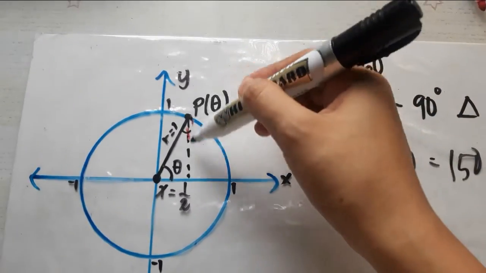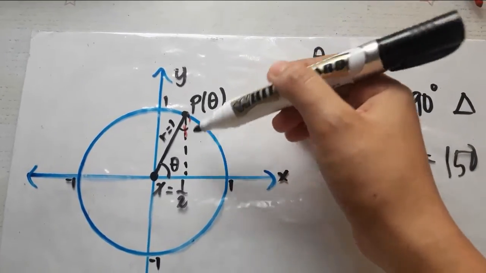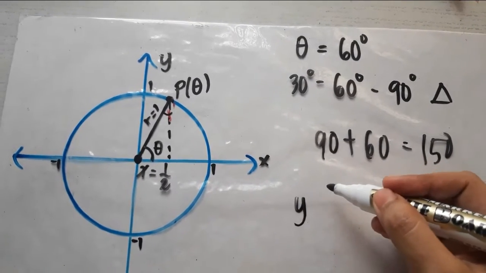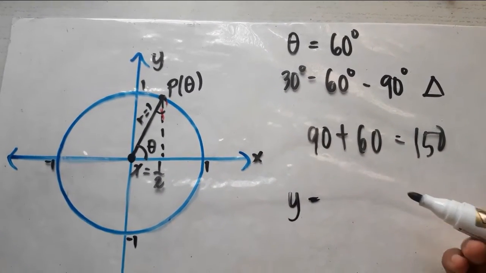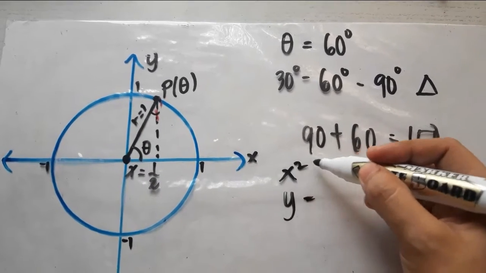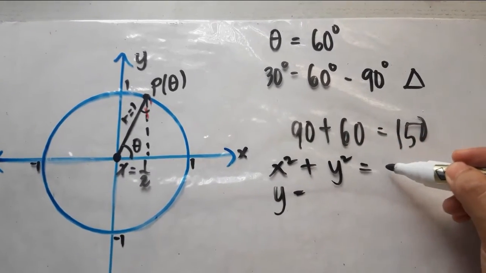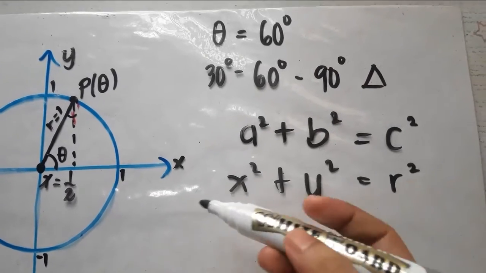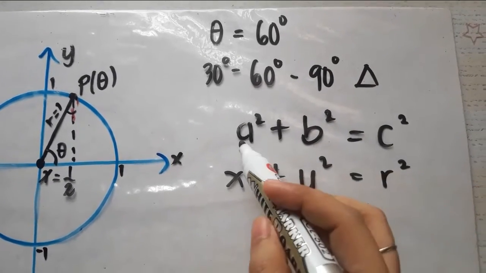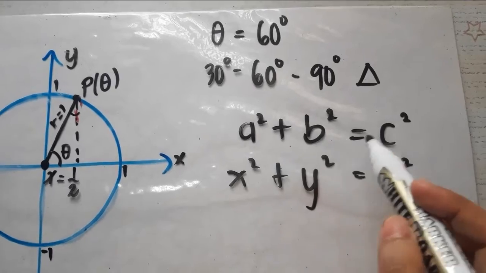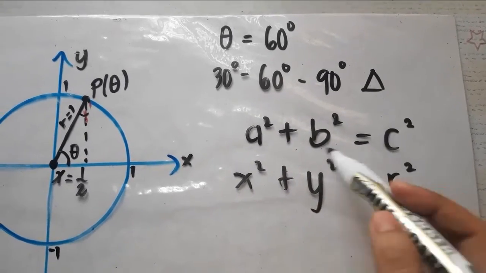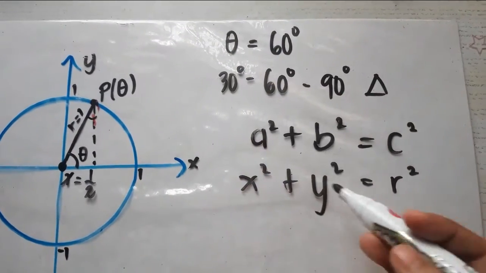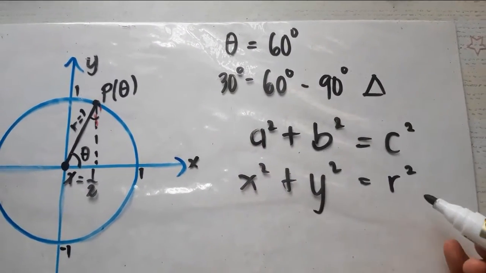Now we have to solve for y. Y will be from the formula x squared plus y squared equals r squared. Okay, let me rewrite it for you again. The Pythagorean theorem, we have a squared plus b squared equals c squared. So rewriting that in the context of the Cartesian plane, we have x squared plus y squared equals r squared.